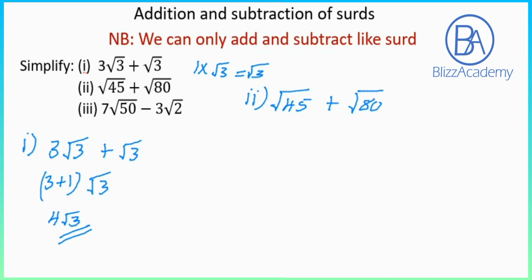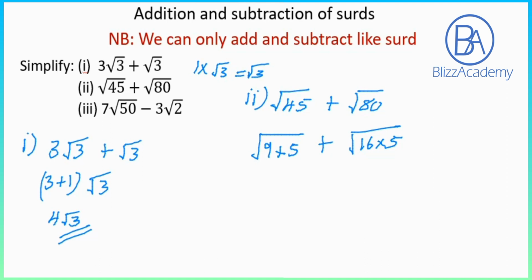For us to do that, we have to think of a product of 45 where one factor is a perfect square and the other is not. And so we know that the square root of 9 times 5 plus the square root of 16 times 5. 9 times 5 will give us 45, and 16 times 5 will also give us 80.